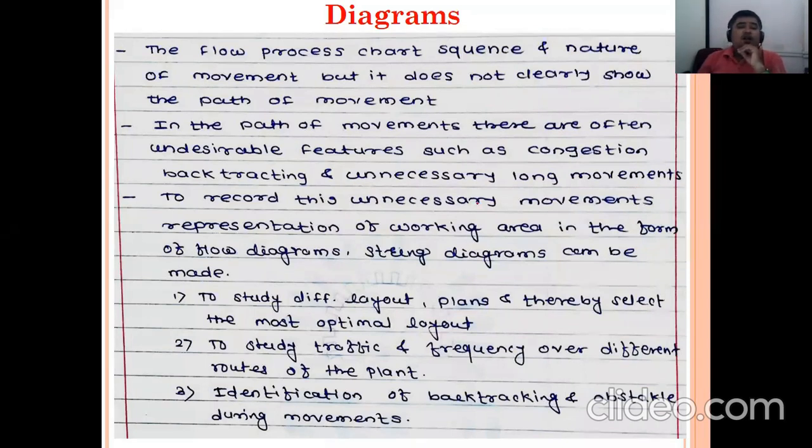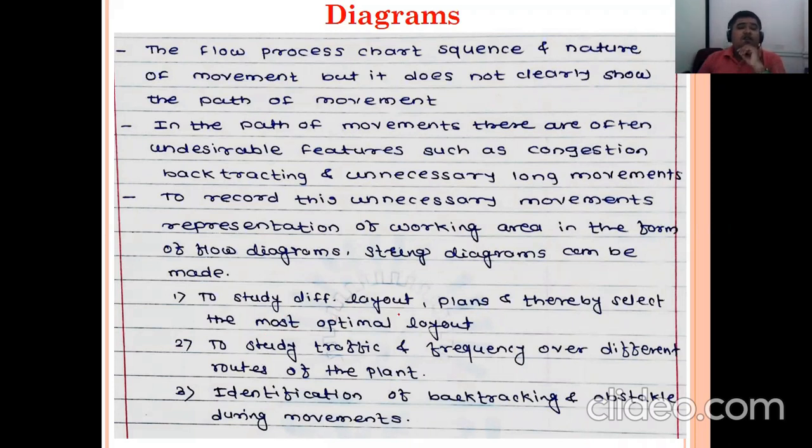To record this unnecessary movement, a representation of the working area in the form of a flow diagram or string diagram can be made. So flow diagrams or string diagrams are used so that we can record from where to where the workers are moving, or from where to where the material is moving.